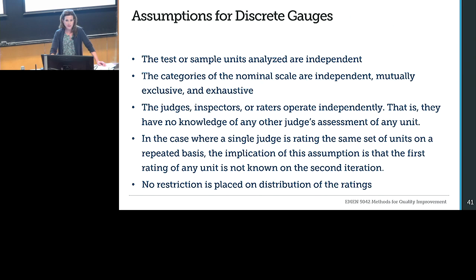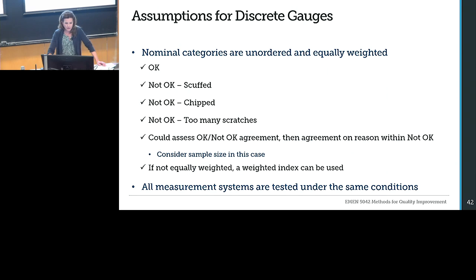So again, that's where randomization helps us out. If you have a group of 10, you would know what unit you're looking at and be able to compare your first measurement to your second measurement. And then also there's no restriction placed on the distribution of the ratings, if you're using a rating scale. Okay.